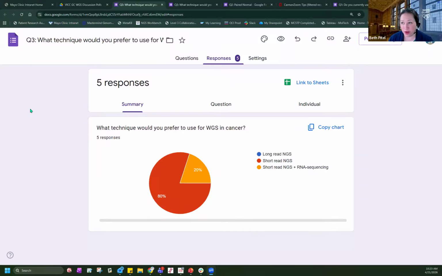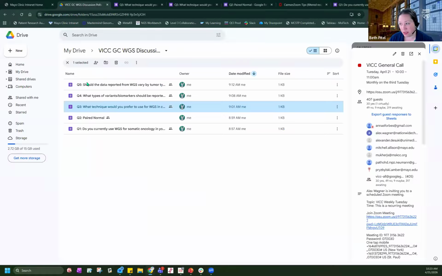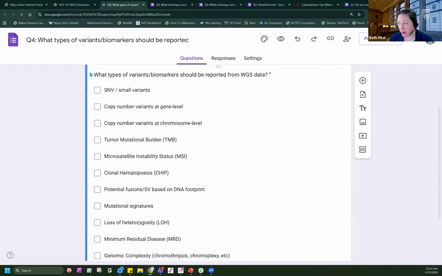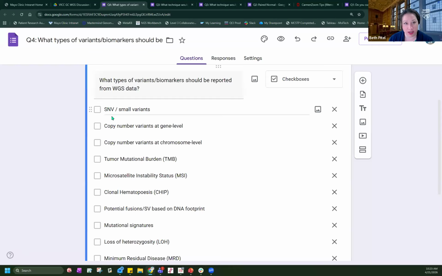Otherwise, we can move on to our next poll question, which I think will be an interesting one and help drive some discussion on the types of variants we want to be calling from whole genome sequencing. Because I think a lot of people see the potential in whole genome sequencing and see all the different types of data that can come out of that and want to report everything we can.